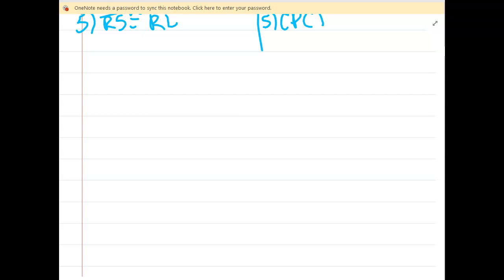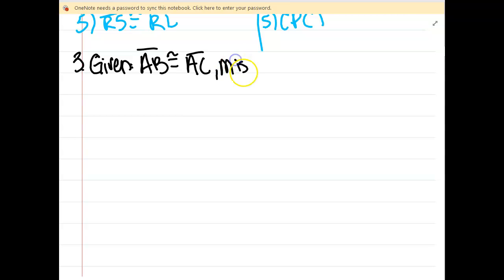All right, number 3. My given: side AB is congruent to side AC, and M is the midpoint of BC.